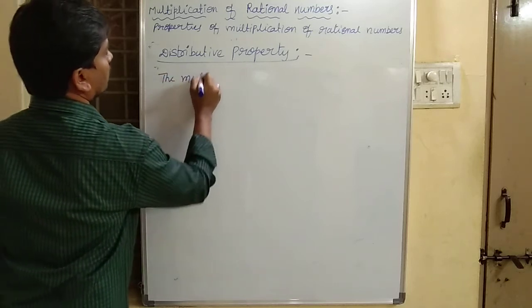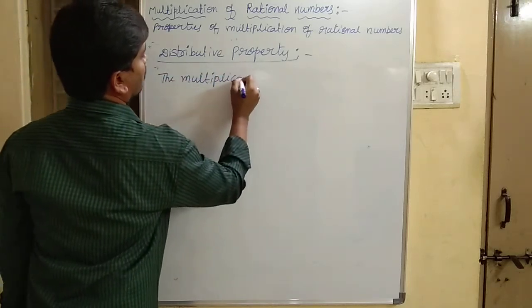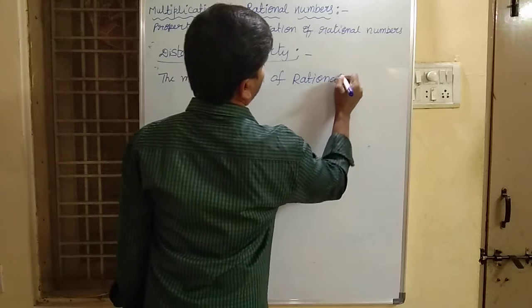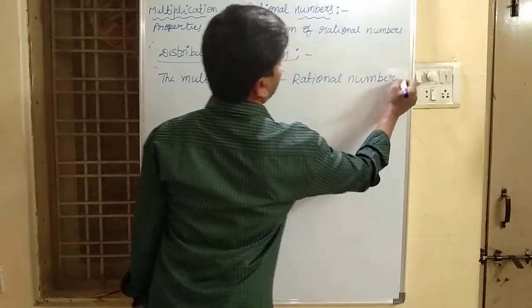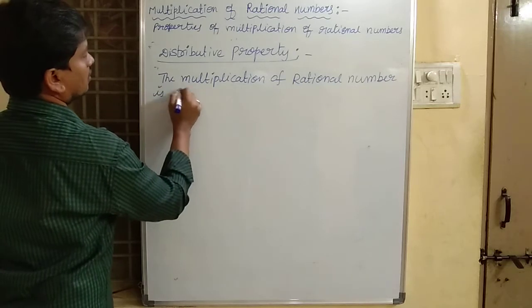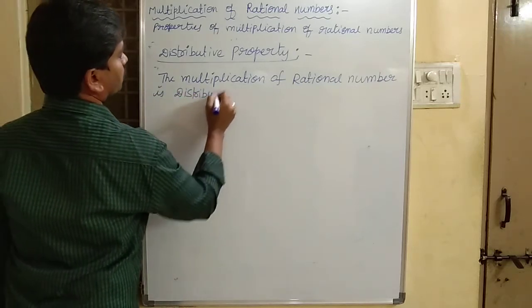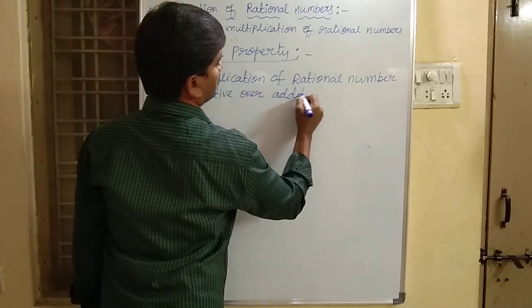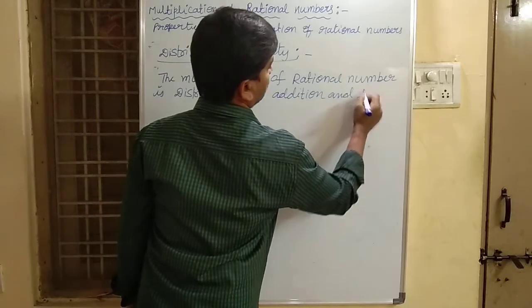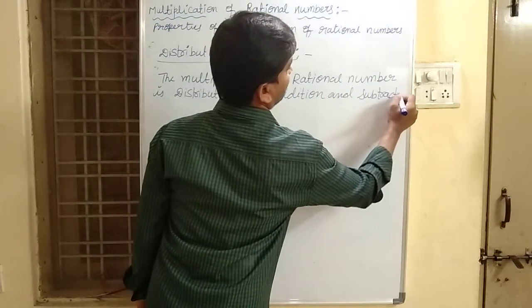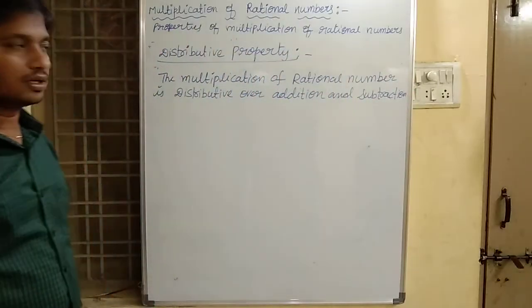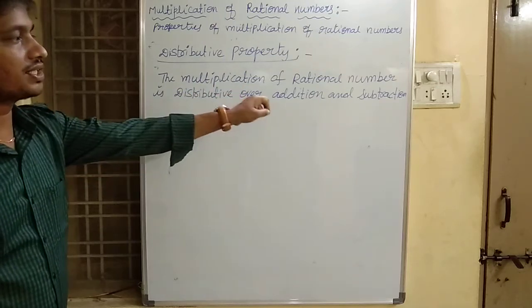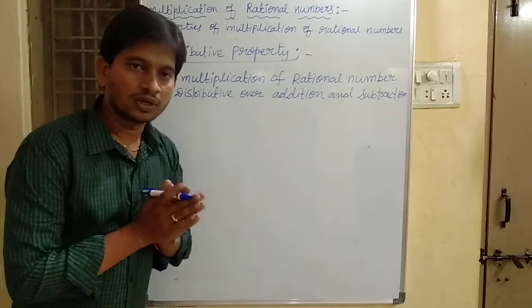The multiplication of rational numbers is distributive over addition and subtraction. Let me explain.